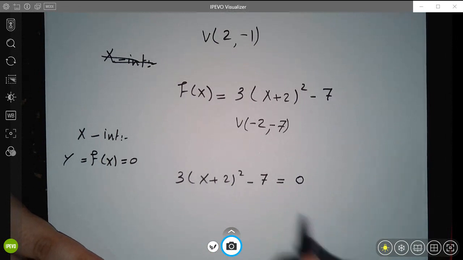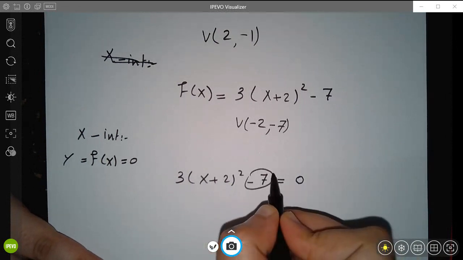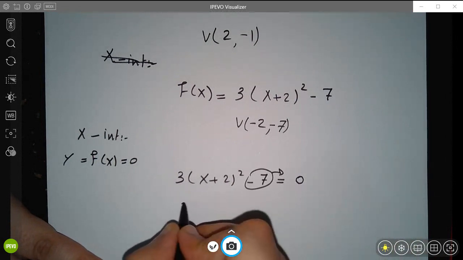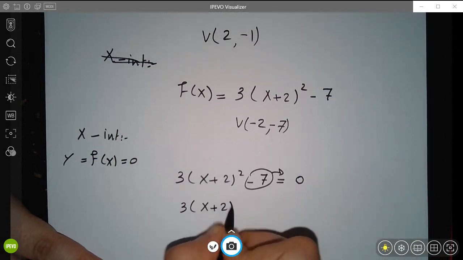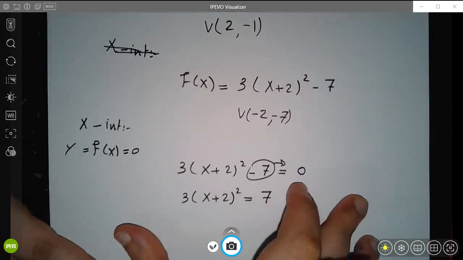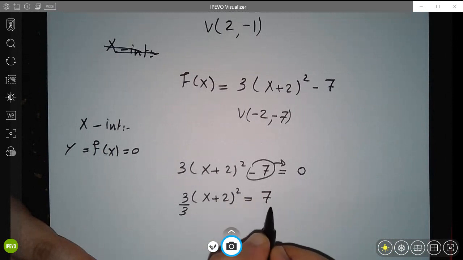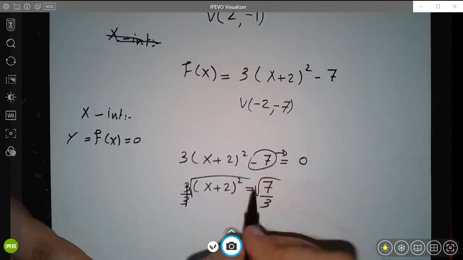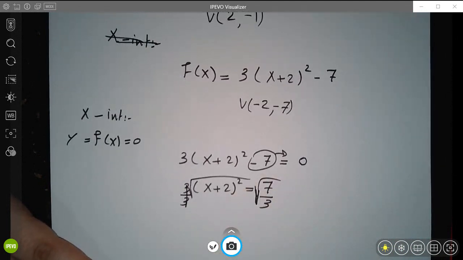Okay. So let's solve. I'm grabbing the -7, moving it to the side. It's going to turn positive. So we have 3 times x plus 2 squared equals +7. Next, I'm dividing by 3 on both sides. Last step, I need to get rid of the squared, so I'm taking the square root of both sides. And remember, you have to include the fraction, the entire thing in the root.